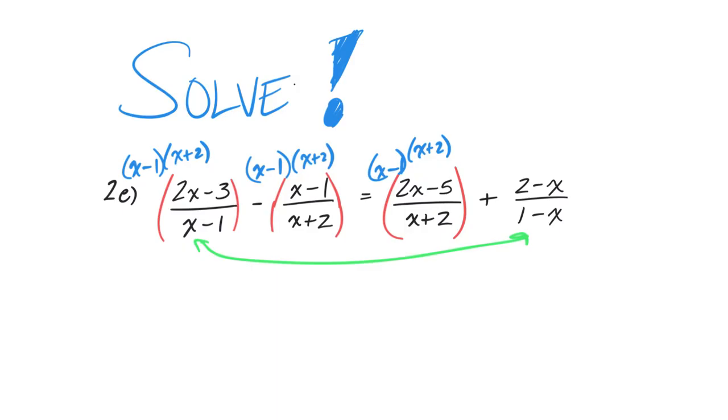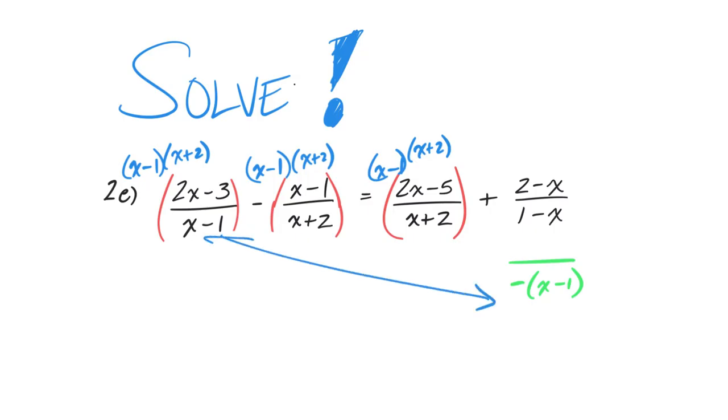I can see the extra factor of negative 1 in the last denominator. So if I factor that denominator, then I can see the only difference between those two denominators is that extra factor of negative 1. So I could, if I wanted to, choose to multiply by negative 1.